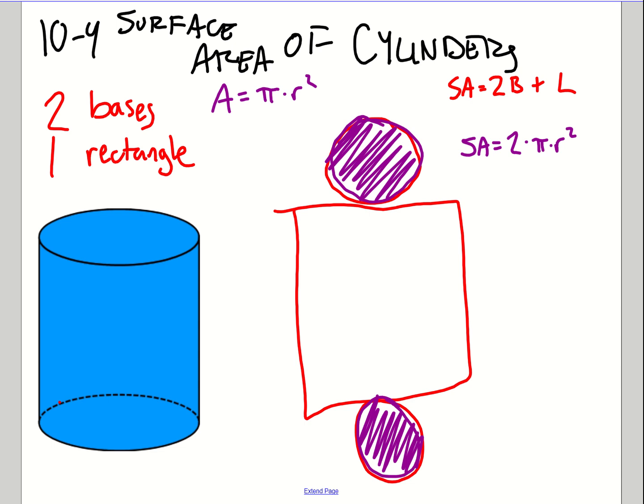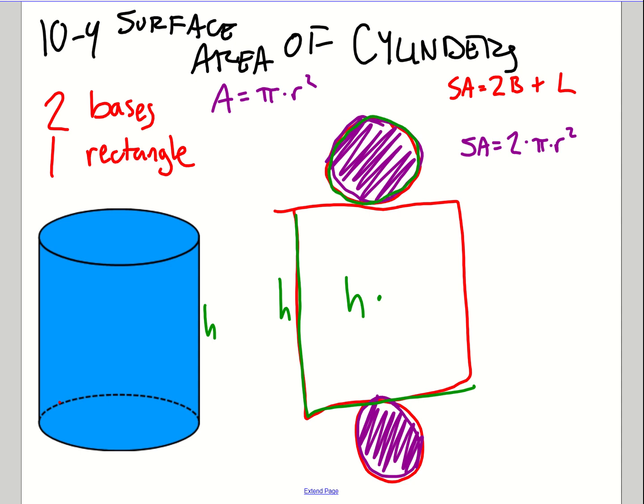And now to figure out my rectangle, well, I've got a length and a width that I want to multiply. The length is going to be the height of my rectangle. So this is going to be height times. Now the length is the same distance as around my circle.